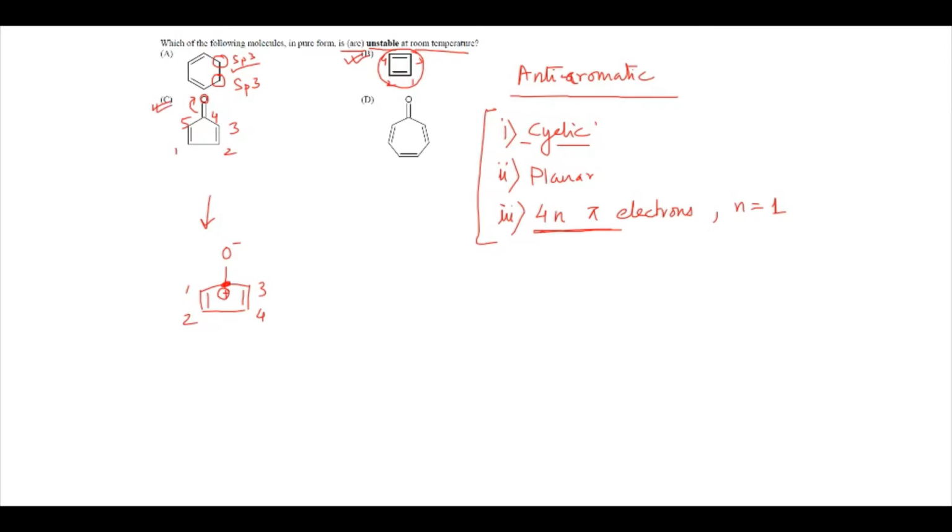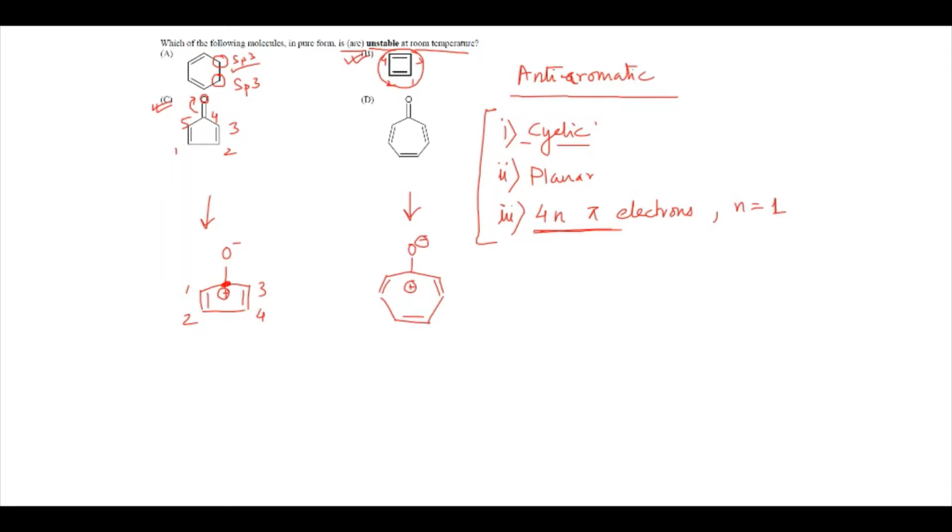Now if we check option D, we can see a cycloheptane system, where it is also connected with an oxygen atom which is electronegative. So it is going to take the electrons and it will form something like this. So we have the cycloheptane system with a positive charge here and oxygen negative charge.